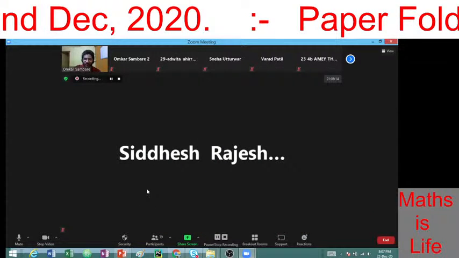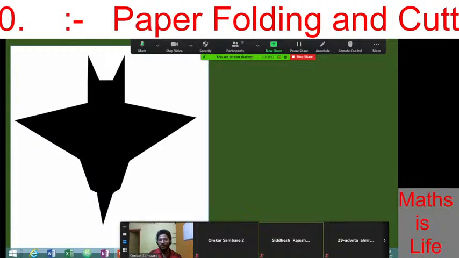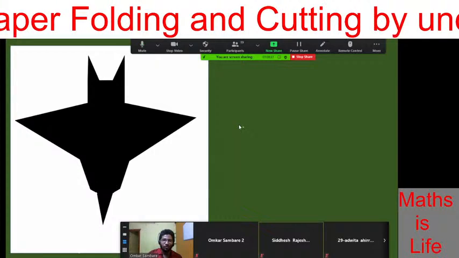Okay, now we have to cut out this bat shape. Try to think. In the perfect way, I have given this shape. If you are not able to get these three lines differently, it is okay if you get only one triangle here.